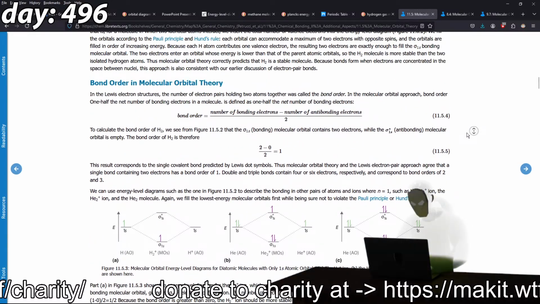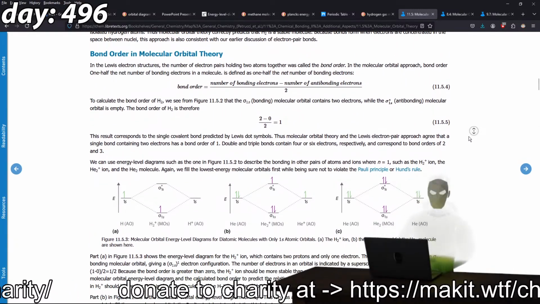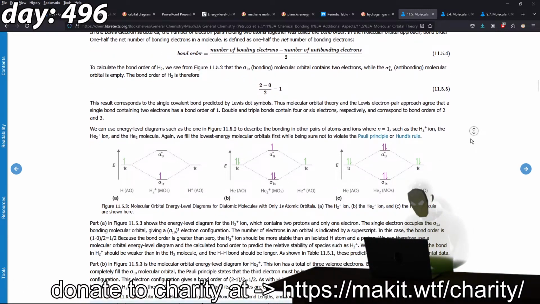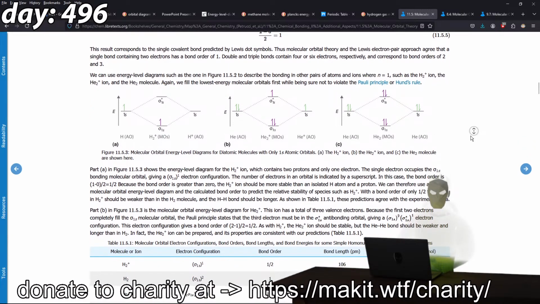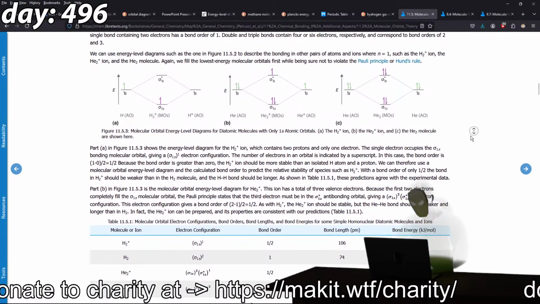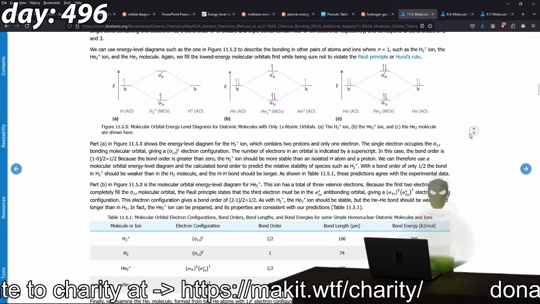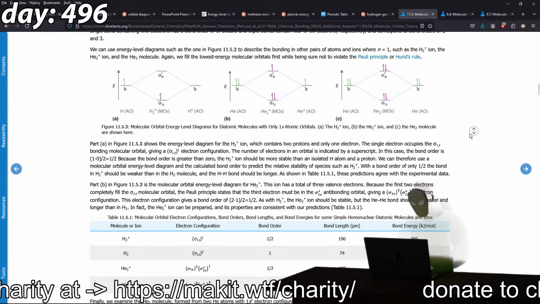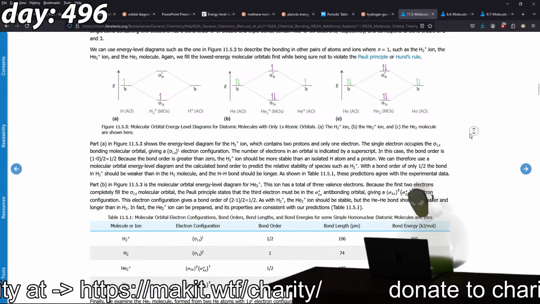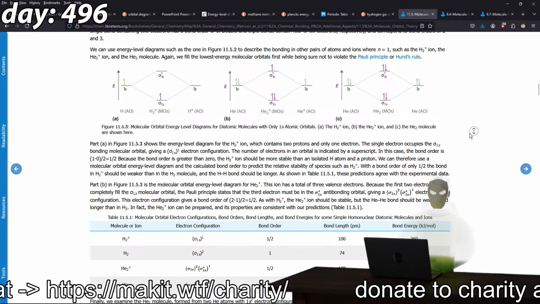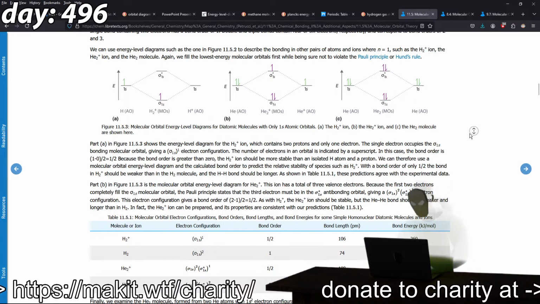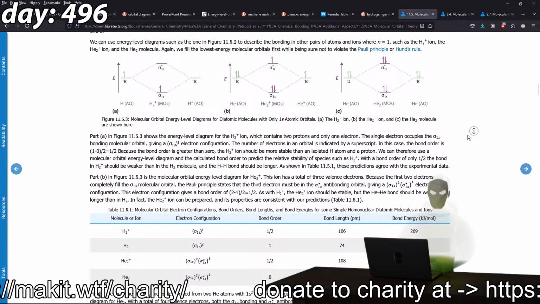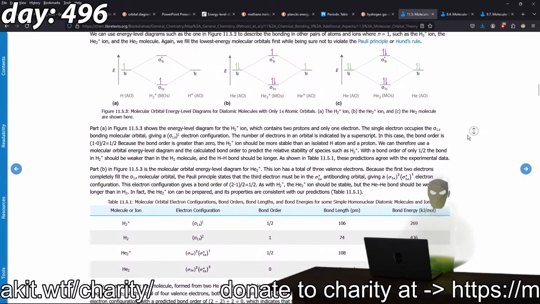The number of bond electron molecule of order. Mass bond order. Lowest energy molecule for, in this case, the bond order is this, because the bond order is greater than 0.